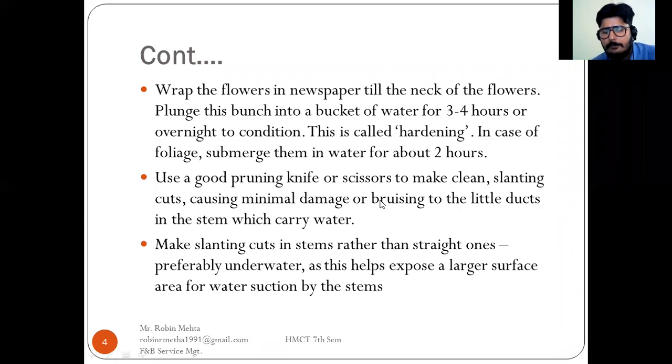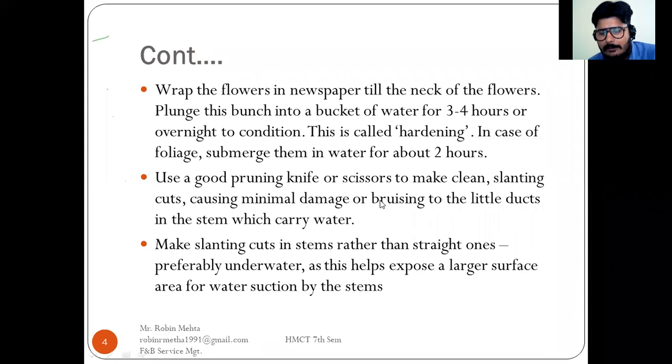When we cut from the garden or purchase from the market, we also put it into the bucket for 3 to 4 hours, or overnight, for conditioning purposes. This is called hardening.